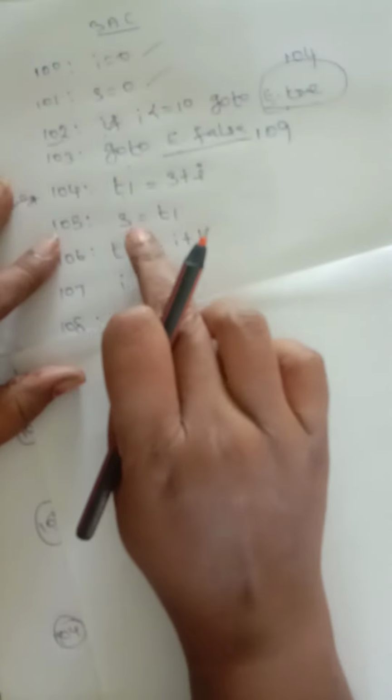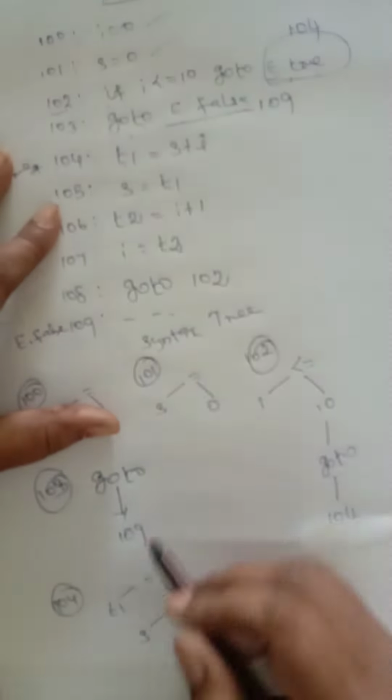Then we have to construct the diagram for 105. What's 105? S equal to T1. What is T1?